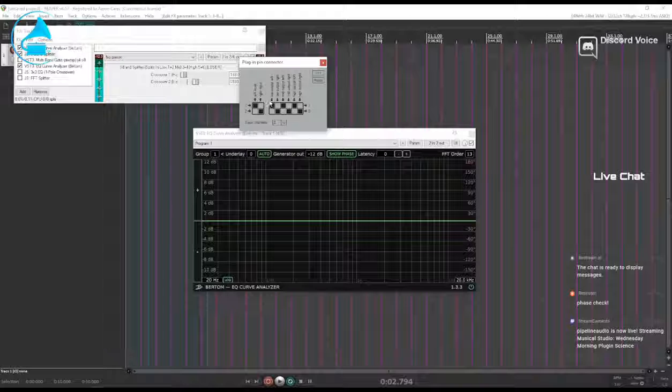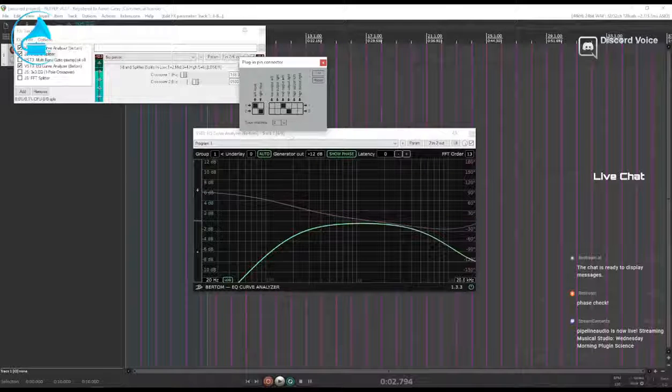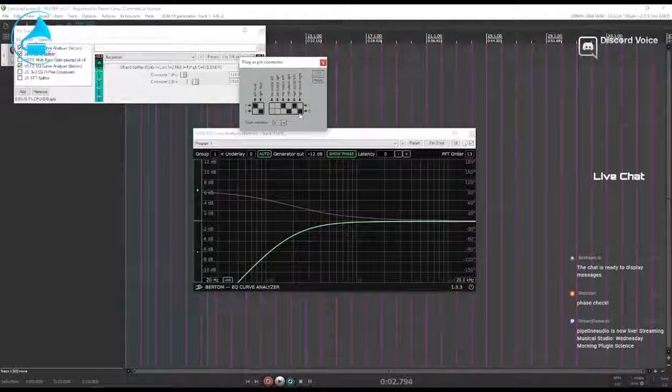Left. Low output left. It's going 1 and 2. I don't know what I'm looking at.